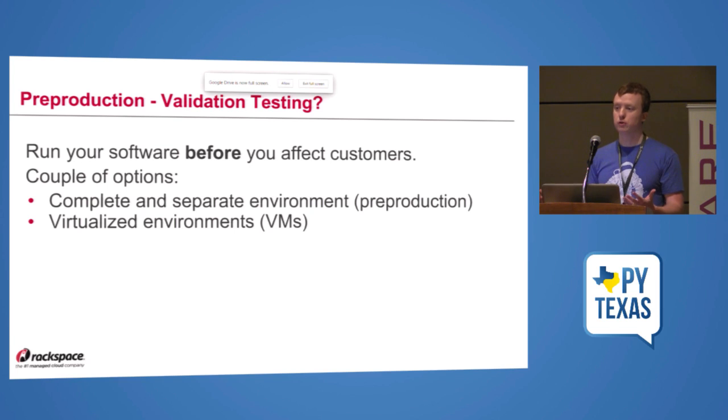You can create a full parallel environment that is almost exactly the same as your production environment and test things out there. That's usually the ideal, but we may not have access to the resources to do that. So you can usually set up smaller environments in a VM and test it there.